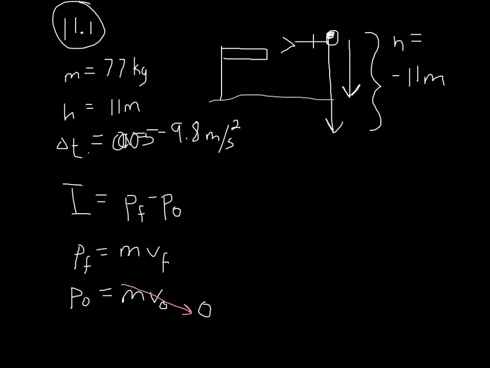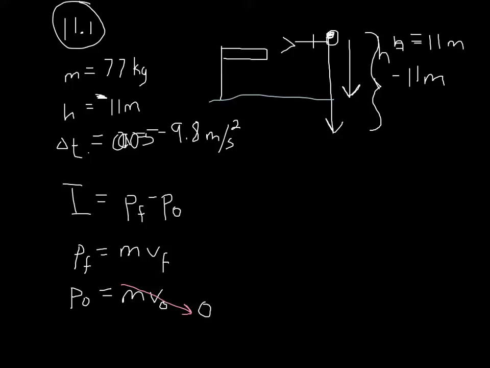So we should remember free fall problems from chapter 2 and chapter 3, where we had this height that we fell. His height is actually not just 11 meters, it's going to be negative 11 meters, because his final position, the place where he ends up, 0, is lower than where he started. So final minus initial gives us this negative.